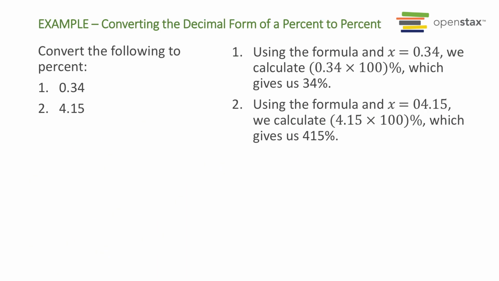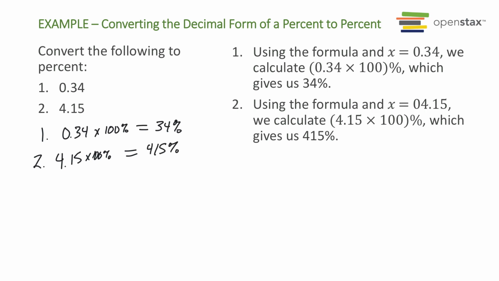Now, what about going from decimal to percent? Well, we have 0.34 times 100%, and so that's going to be 34%. And for number 2, we've got 4.15 times 100%, which is going to give me 415%.